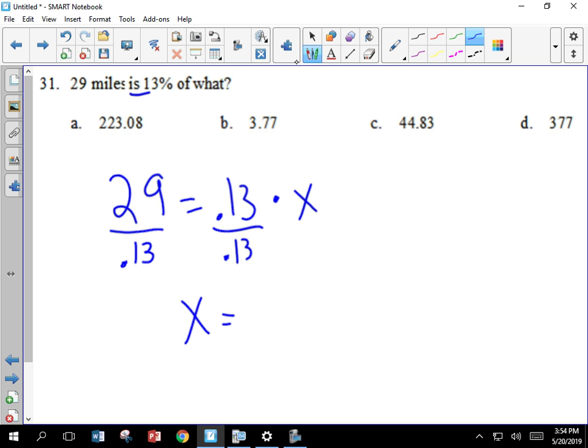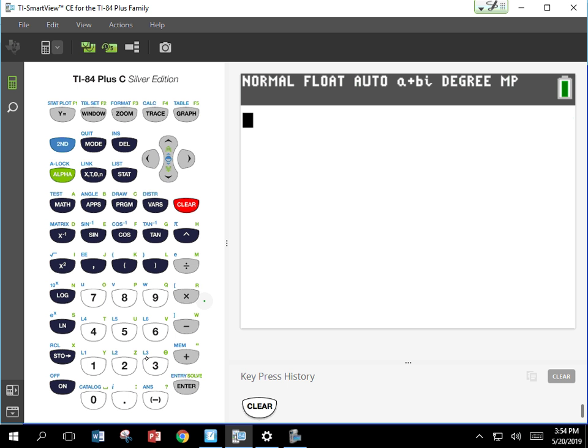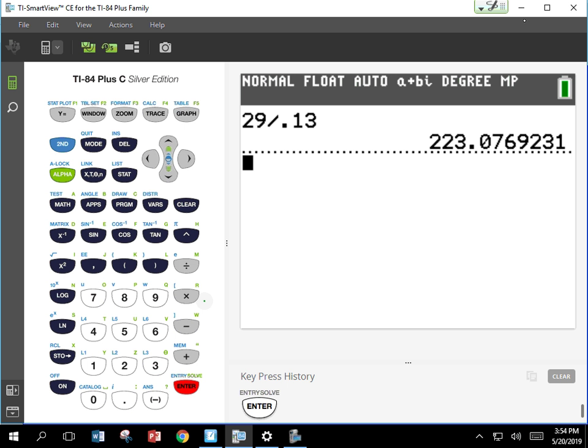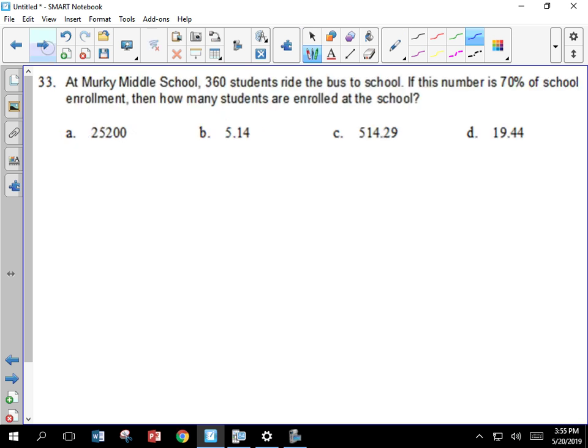Let's clear it out so we understand where we're at. 29 divided by 0.13, enter, 223. So A is our correct answer.